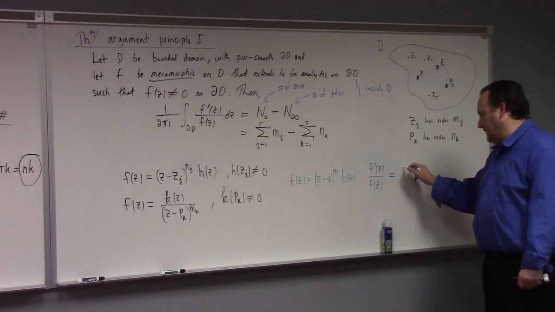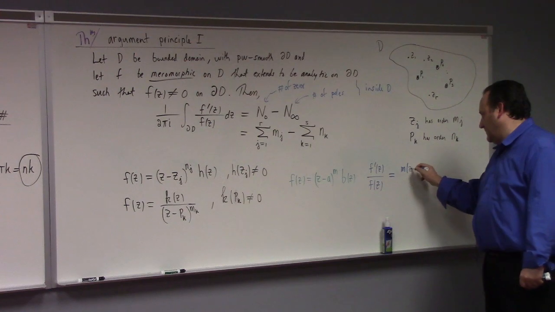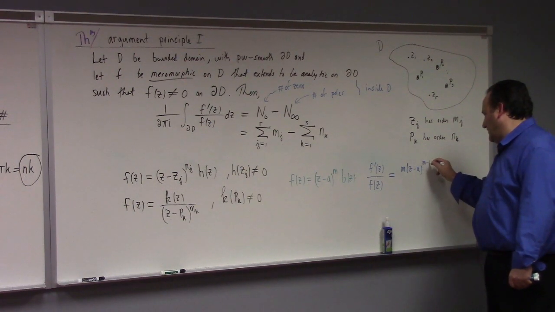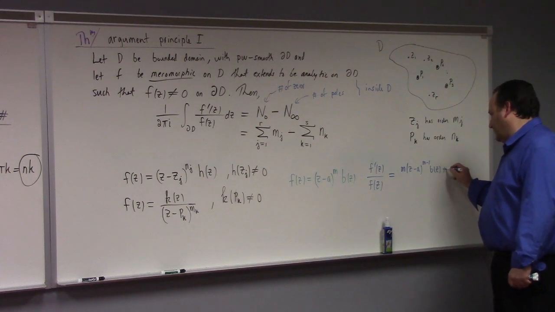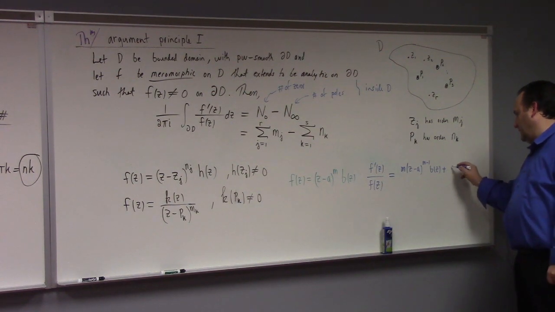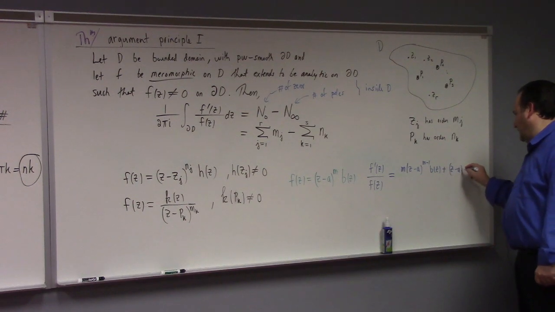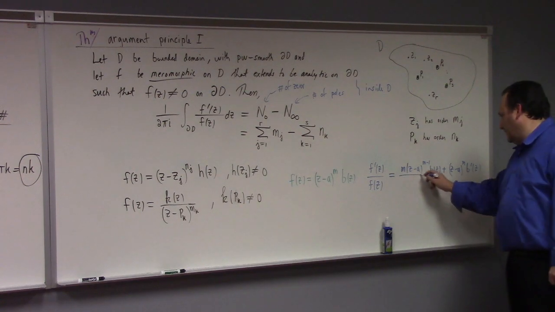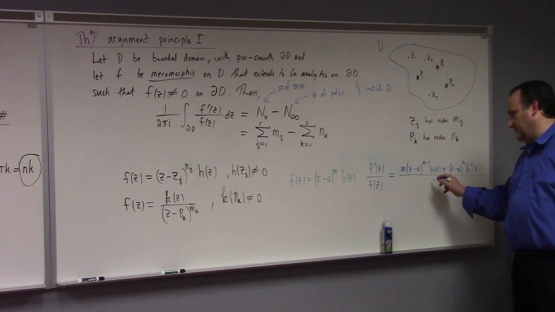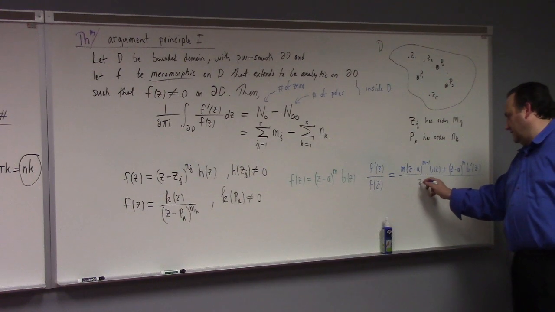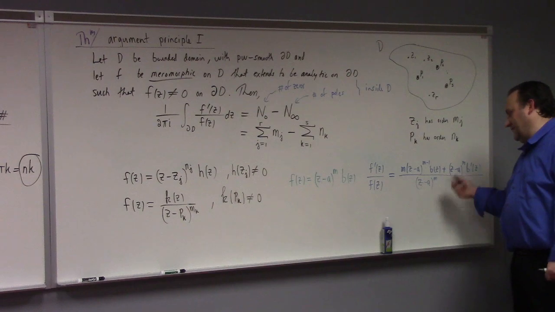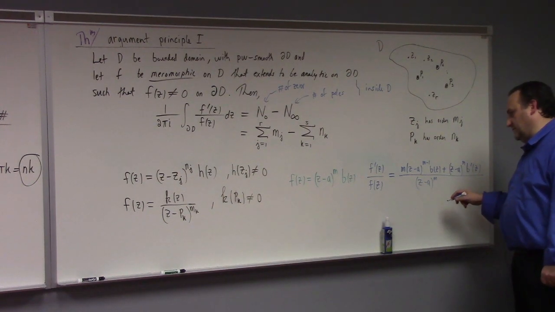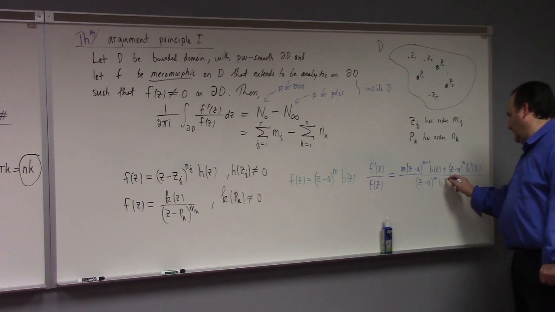You get m times z minus a to the m minus 1 times b of z, plus z minus a to the m times b prime of z, divided by z minus a to the m times b of z.